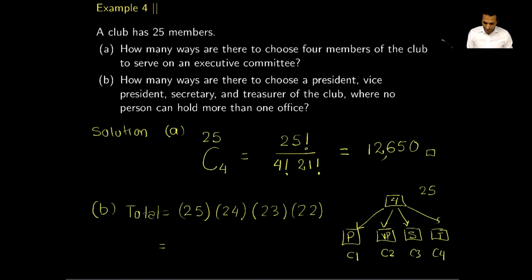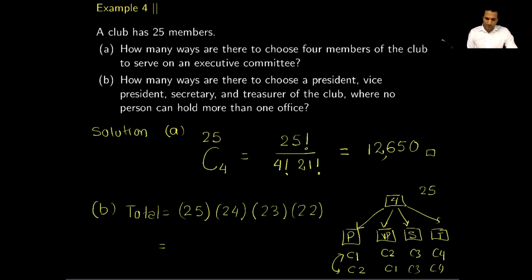And if you assign C2, C1, C3, C4, these two ways are different, because in the first way the first person was the president, and in the second way the second person was the president. So these are two different ways, not identical ways, so we do not need to discard any repetition. In this case we just use the method of permutation.